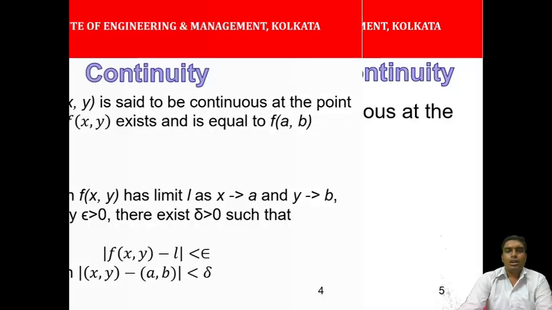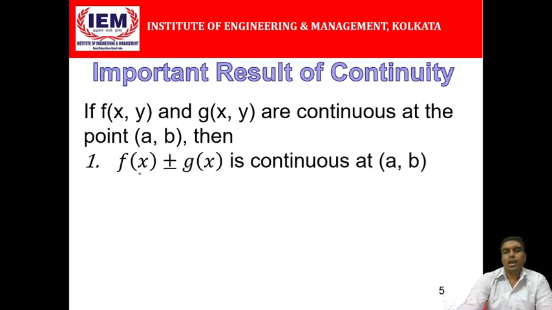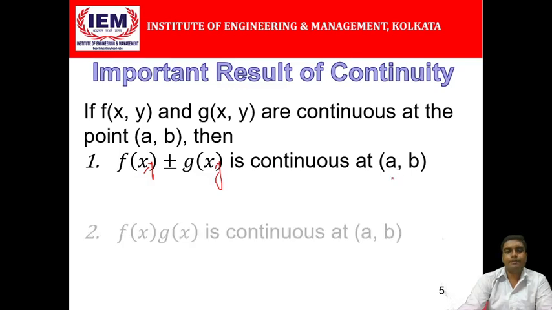Now, some important results of continuity that you have already seen for the case of a single variable. Suppose you have two functions f of x, y and g of x, y that are continuous at some point a, b. Then the sum of these functions, f of x, y plus g of x, y, is continuous at this point a, b.